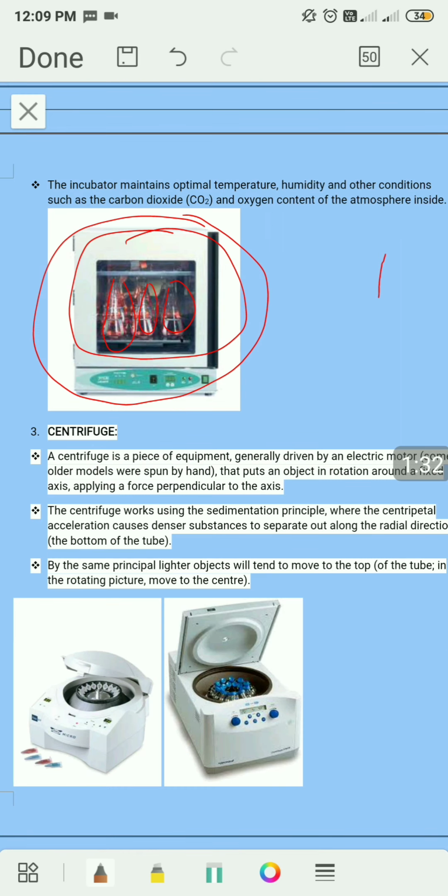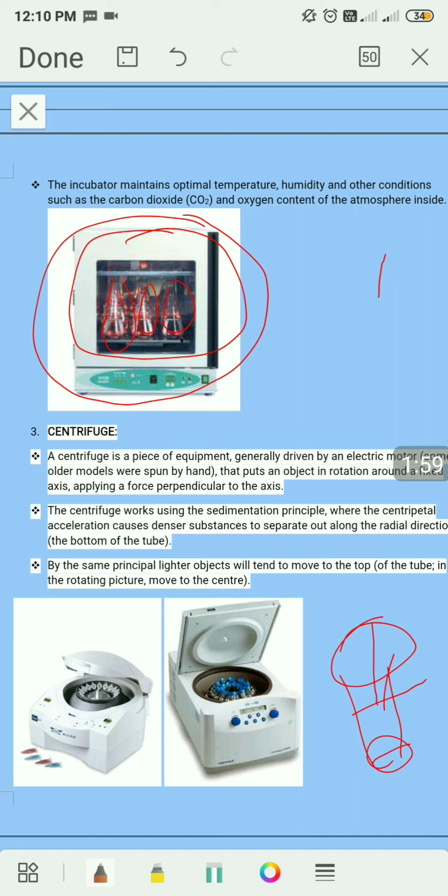Coming to centrifuge. A centrifuge is a piece of equipment generally driven by an electrical motor that puts an object in rotation around an axis, applying a force perpendicular to the axis. The centrifuge works using the sedimentation principle, that is, as long as it continuously rotates, sedimentation will take place.